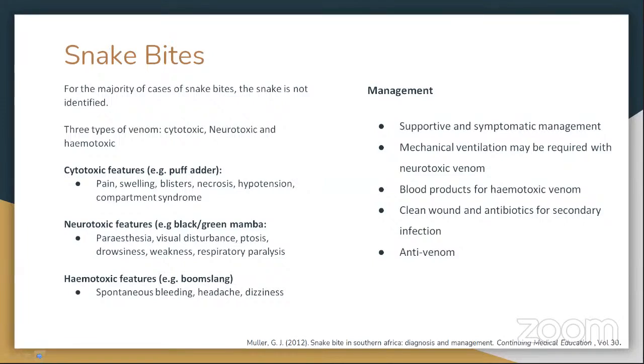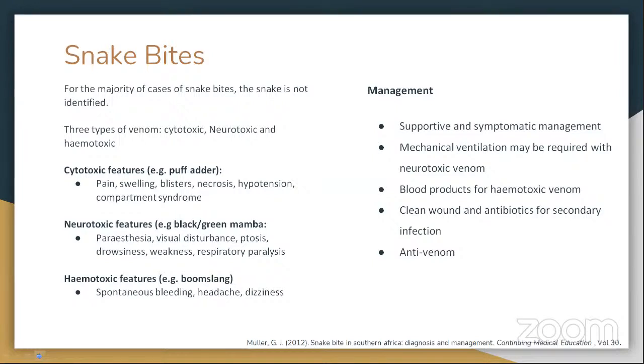Neurotoxic features: paresthesia, visual disturbances, ptosis, drowsiness, weakness, and respiratory paralysis. And hemotoxic features are spontaneous bleeding, headaches, and dizziness. Management at the primary care level would be supportive and symptomatic management, mechanical ventilation if there's a neurotoxic venom, blood products if available.